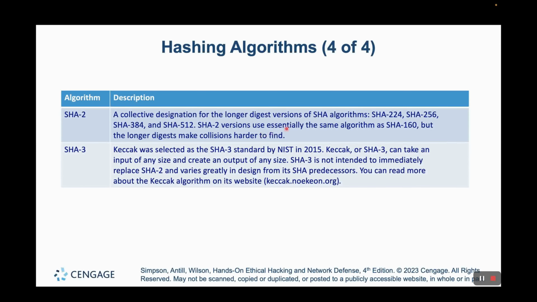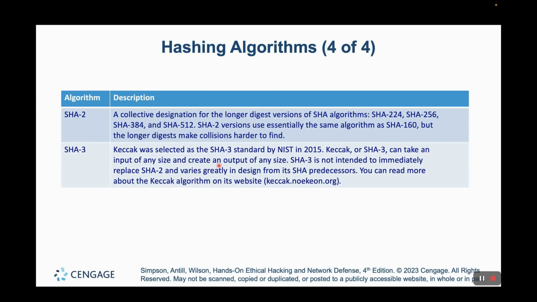SHA-2 has different versions like SHA-224, SHA-256, SHA-384, and 512. Basically they're using the same algorithm as SHA-1, but the good thing is that the longer digests make collisions harder to find.